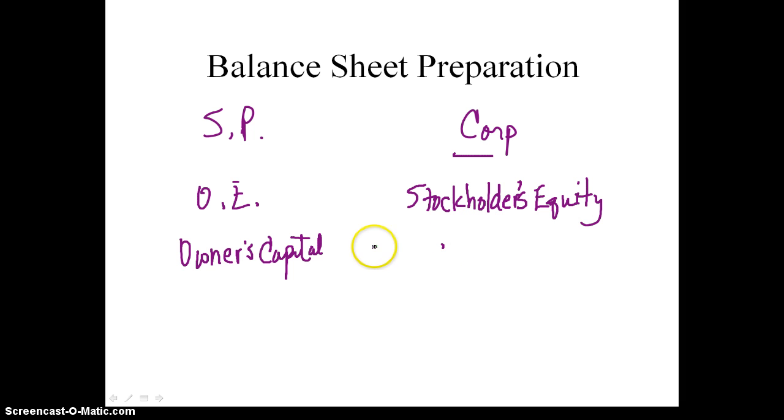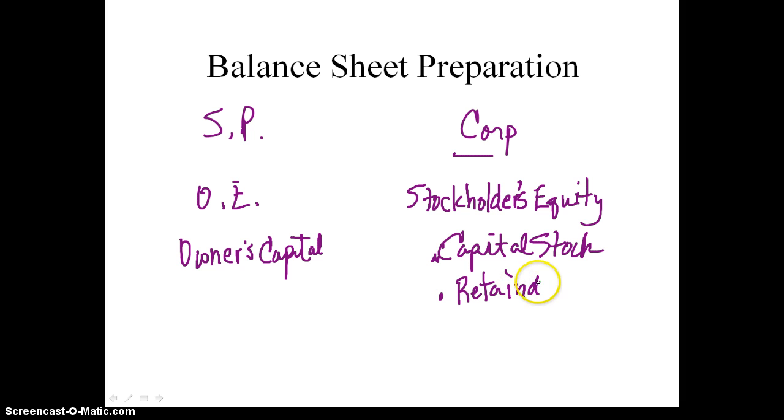You're going to have the capital stock, and the other one you're going to have is retained earnings. So those two accounts are listed under your stockholders' equity section. I didn't spell retained correctly, but you get the gist. Try to throw an E in there. All right, so retained earnings.